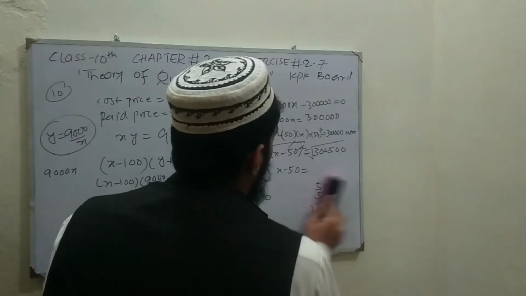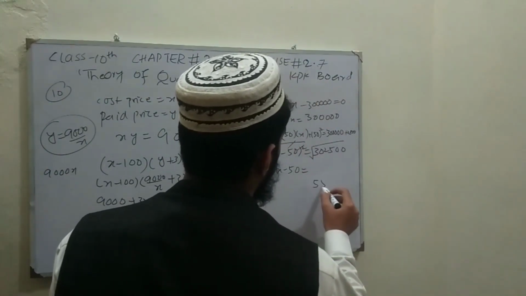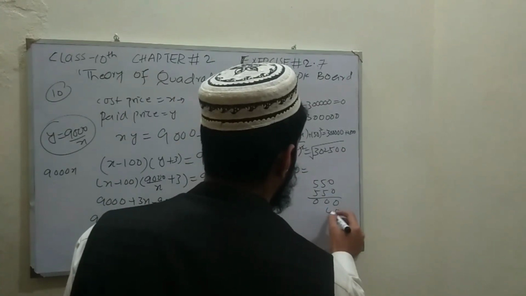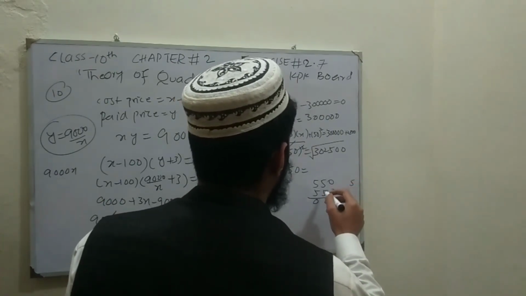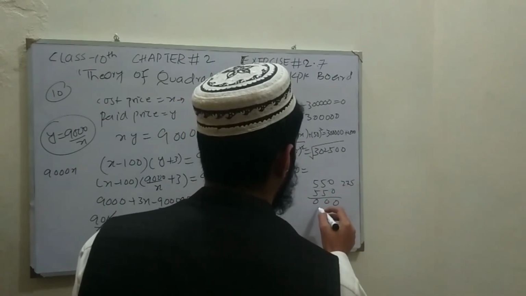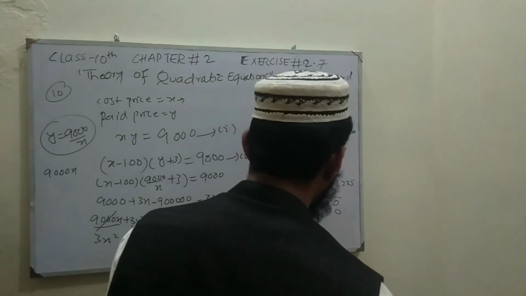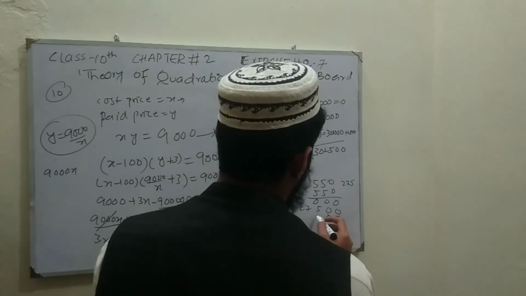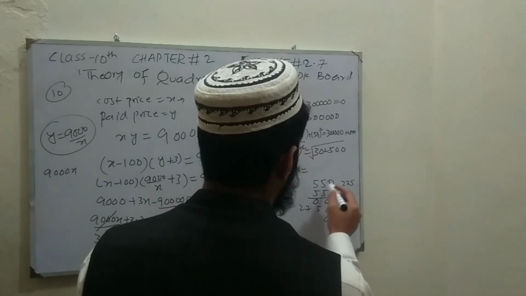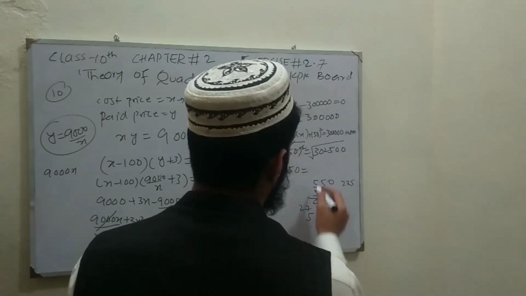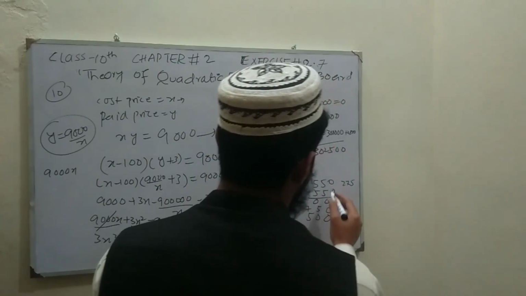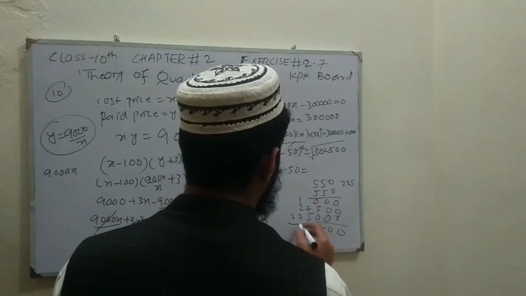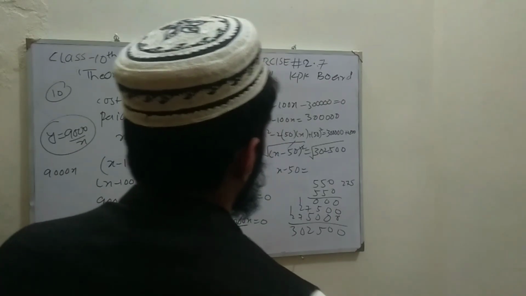Now just suppose 550 and 550. Multiplying them, 5 multiplied by 5 gives us 25, and so on, so the value is 550.